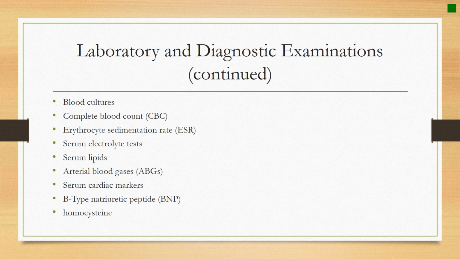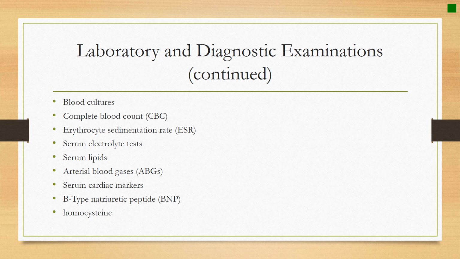Example is, if it's greater than 700 picograms per mil, it's a decompensated heart failure. Know the levels to determine whether it's none, mild, moderate, or severe heart failure. So BNP levels that are less than 100 picograms per mil reveal no heart failure.